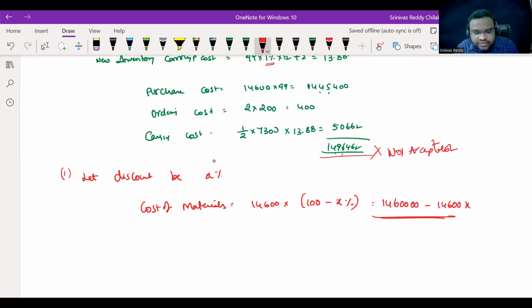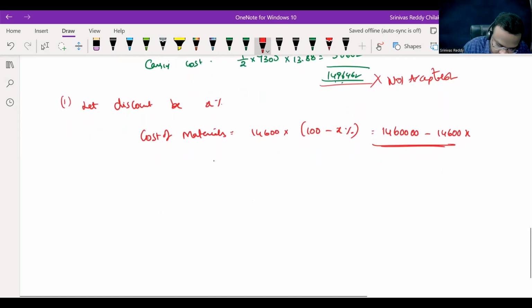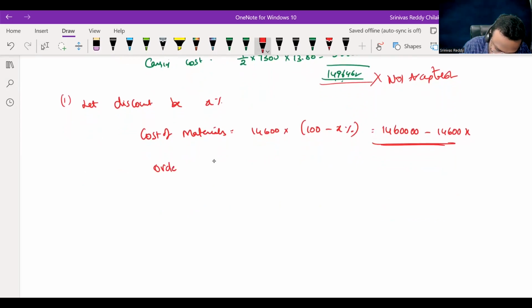If it is 100, for example, 2% on 100 is 2 rupees, so I'll put it as 14,600X. Now ordering cost remains the same, which is equal to 400.